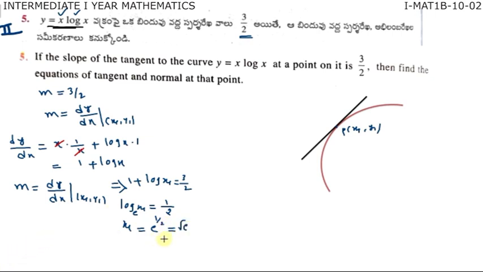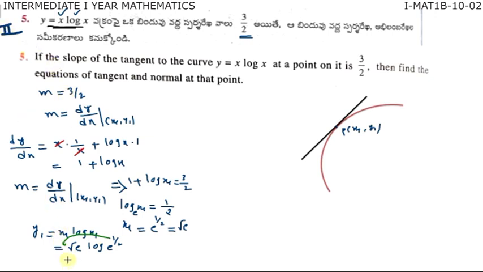Now, to find the value of y1, since the point lies on the curve, substitute this point in the curve equation. From that I will get y1 is equal to x1 into log x1. On substitution, x1 is root e, and log x1 means log of e to the power of 1 by 2. Using logarithm formulas, this 1 by 2 comes to the front.